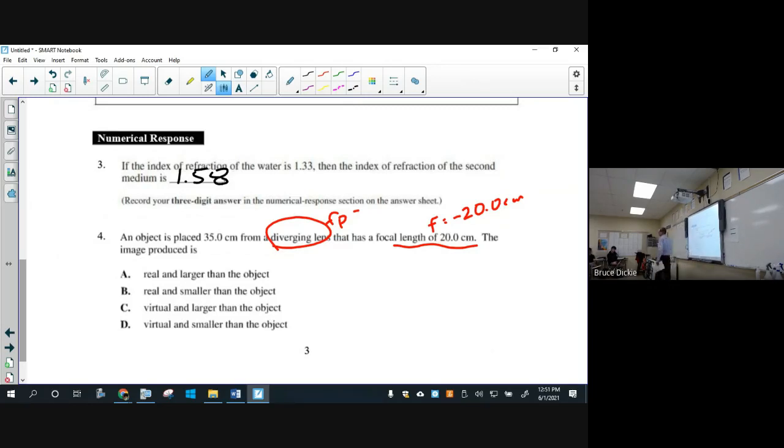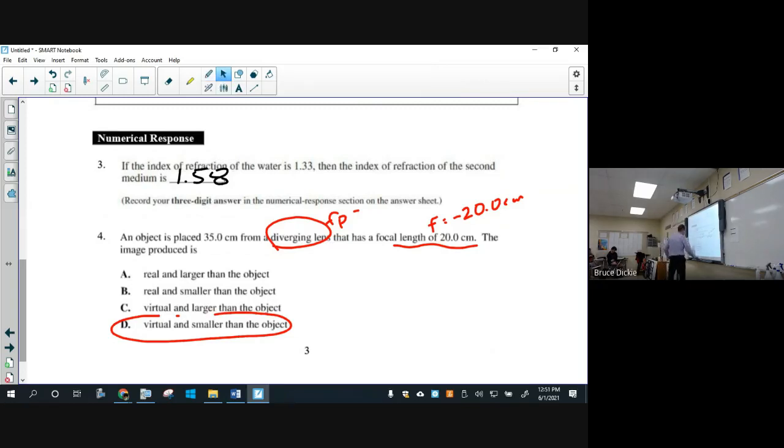About half and half. Guys, let's look at the ray diagram and pattern first. This is a diverging lens. If you remember the patterns, diverging anything, lens or mirror, always produces an image that is smaller, that is upright, and that is virtual. So the answer has to be D, just from our patterns.